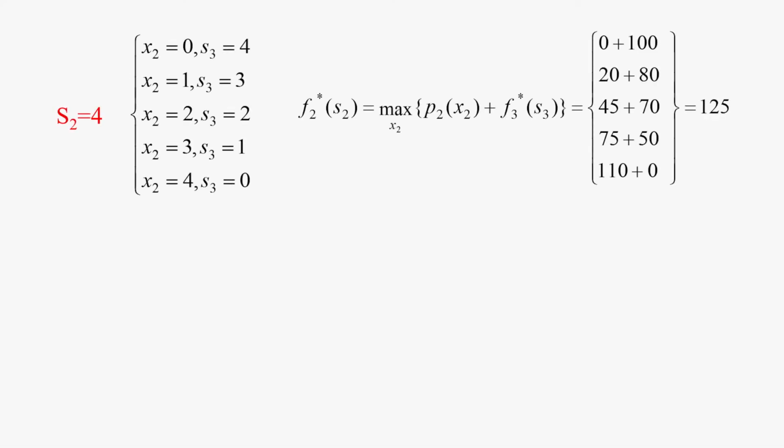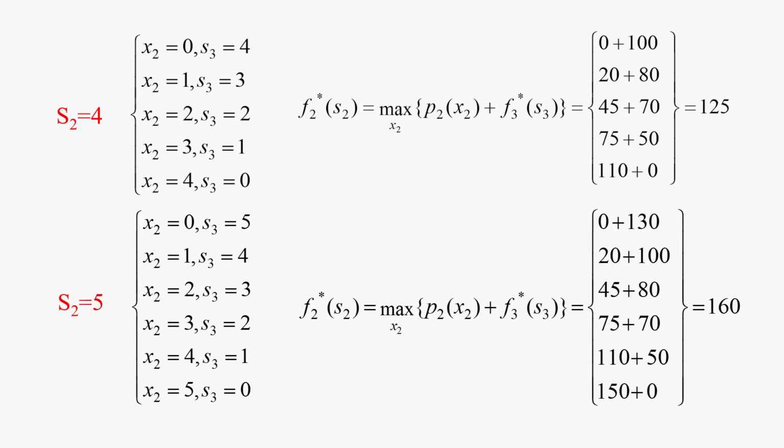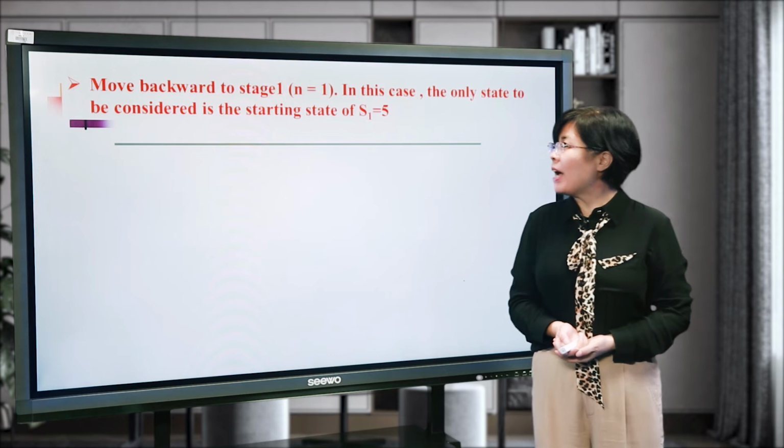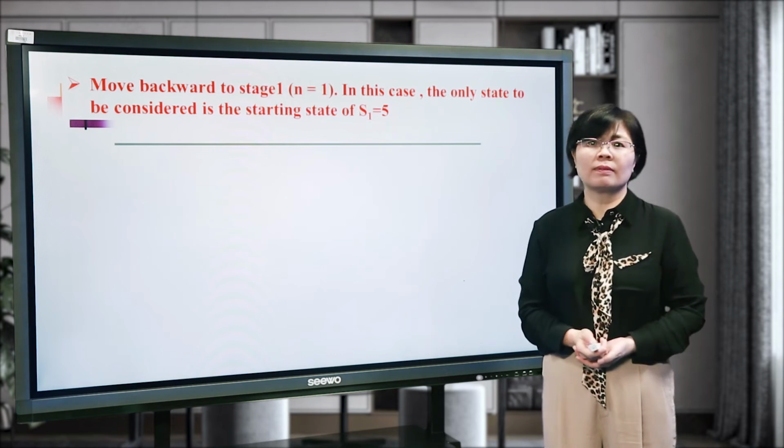So go on to S2. If S2 is 4, then we get X2 and the optimal value. If S2 equals 5, then we get an optimal value of 160. Okay, move backward to stage 1.